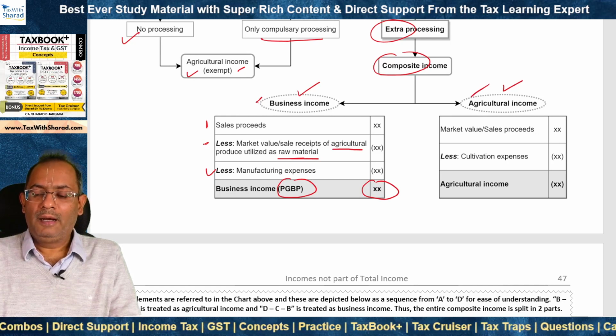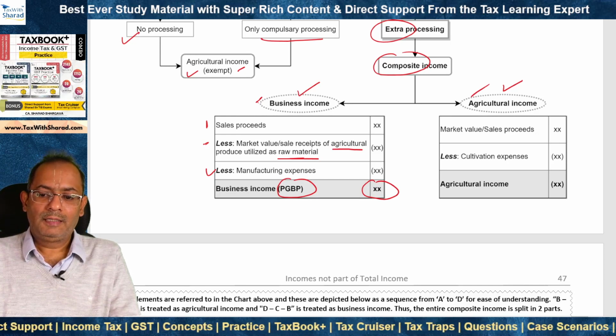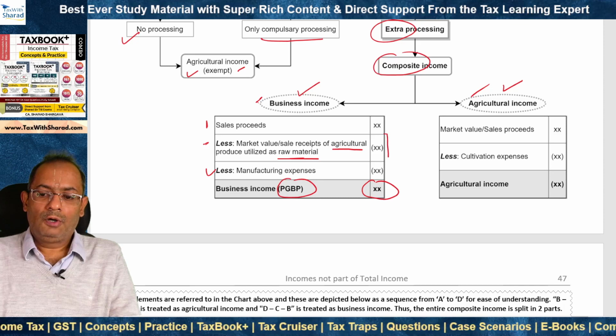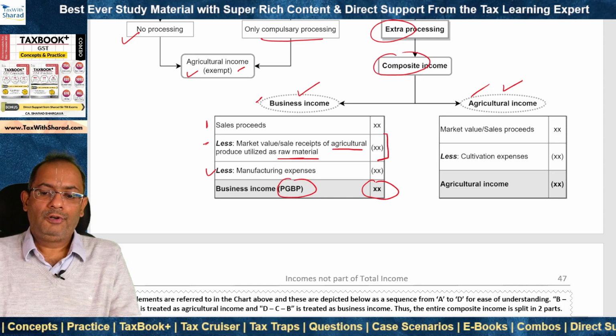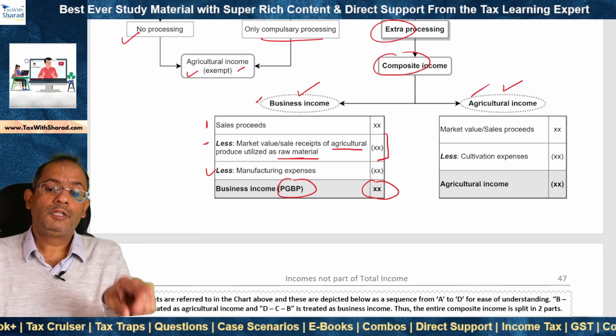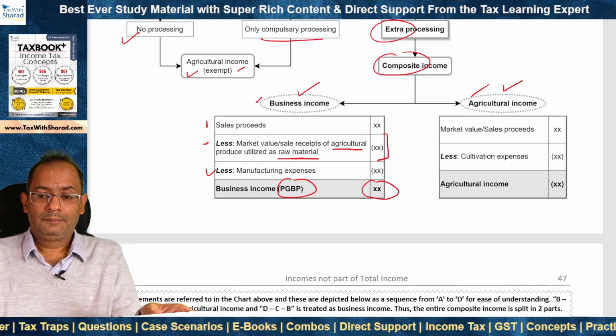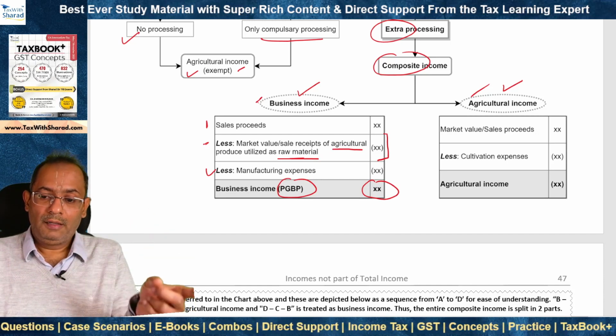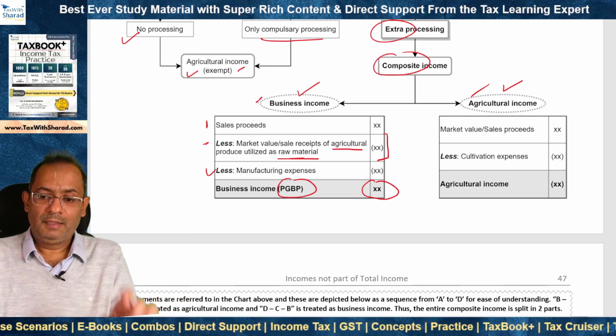Now, how do we determine the amount of agricultural income which is exempt? As we saw, we are supposed to reduce the market value or sale receipts of agricultural produce which is used as a raw material in further processing.